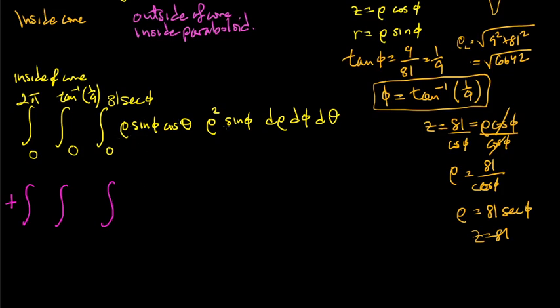In fact, we can simplify this. Rho times rho squared is rho cubed, and then we have sine phi times sine phi, which is sine squared of phi, and then cosine theta, d rho, d phi, d theta.